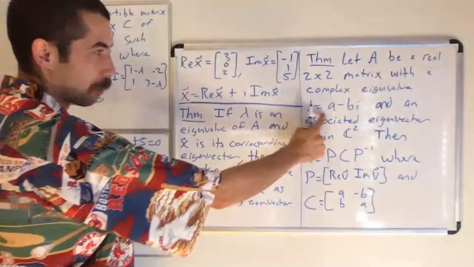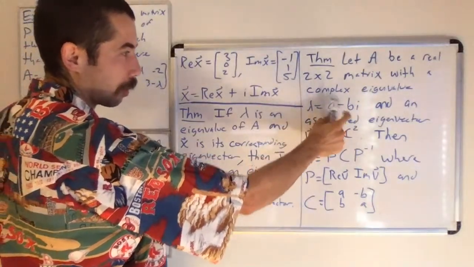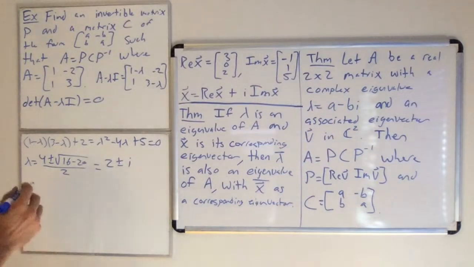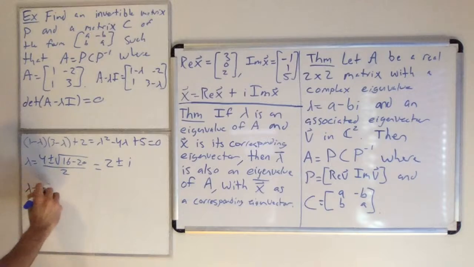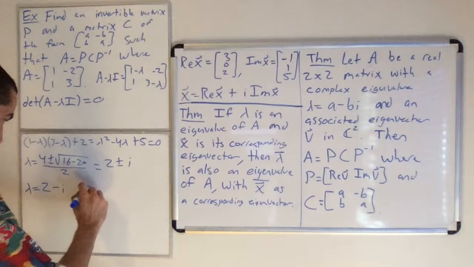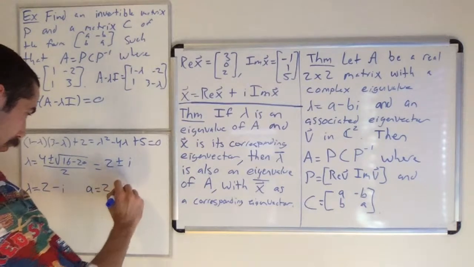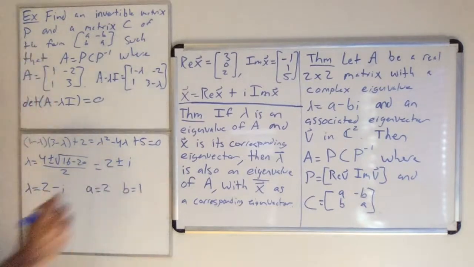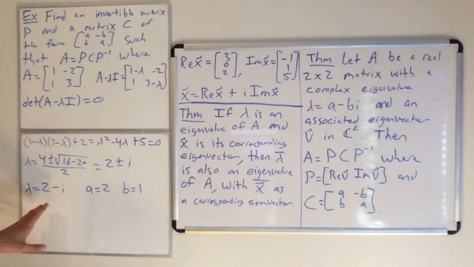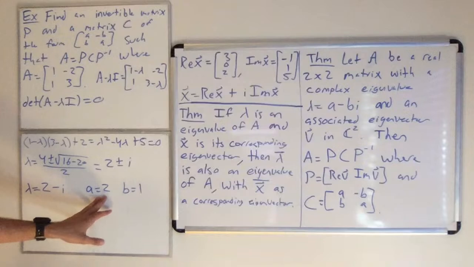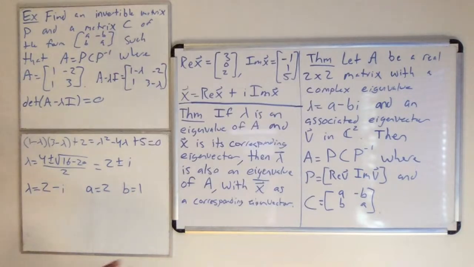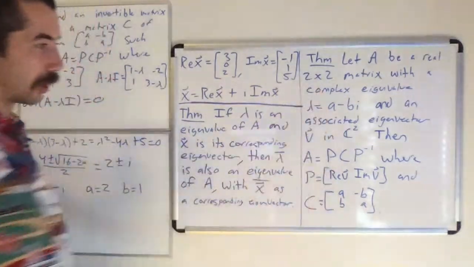The theorem says we want it in the form a minus bi, so we want to use the minus version to use this theorem. It doesn't really matter, but we'll use lambda equals 2 minus i. So here, a equals 2, b equals 1. All right, is that clear how I got a equals 2 and b equals 1? Yeah, if we're using the notation from over here.